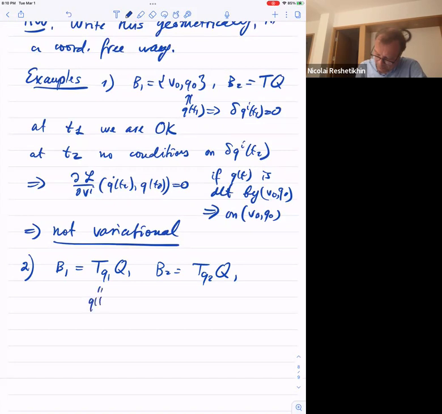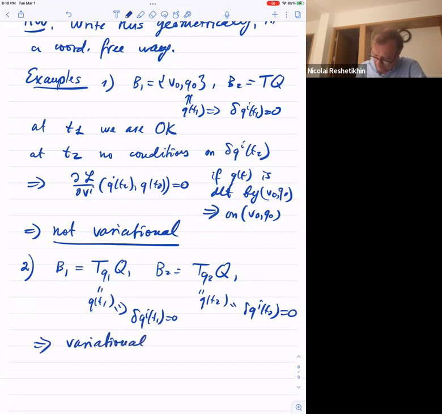This is Q T1, this is Q T2, which means that the variation at T1 of Q is 0, the variation of Q at T2 is 0, which means that these are variational boundary conditions. So these boundary terms, they vanish on the nodes.